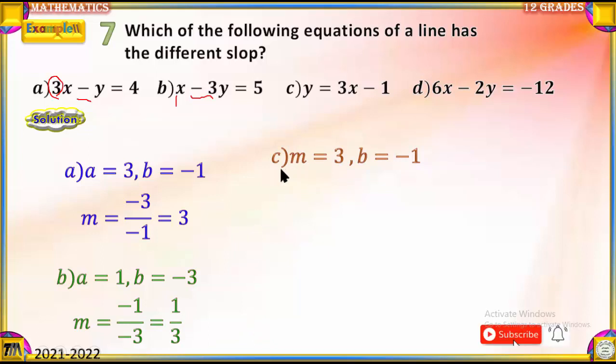C, you can see that comparing this equation with the slope-intercept equation, mx plus b, we can see that m is 3, the slope is 3, and b is the y-intercept.